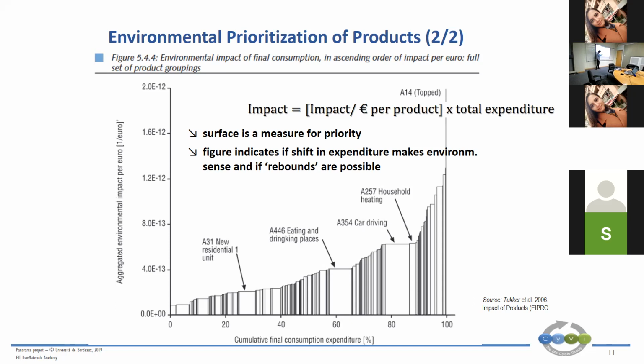So let's say eating and drinking, right? So this is how much the average consumer in Europe spends on eating and drinking. And on the y-axis, you see the impact per dollar spent in that category. So accordingly, when you multiply those two numbers, the area of the box is the total environmental impact of that specific consumption type.